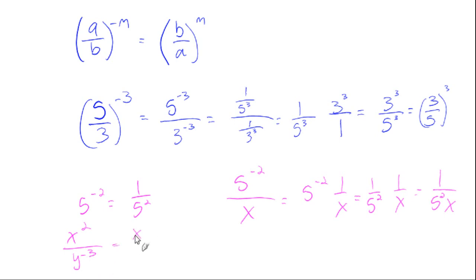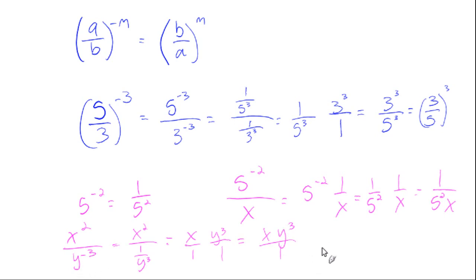Well, we know that y to the negative 3 is the same as 1 over y to the positive 3. We're dividing by a fraction, so let's multiply by the reciprocal. We get x over 1 times y to the third over 1. That's the reciprocal of 1 over y to the third. And now we have x, y to the third over 1. So all that really happened was the thing that was in the denominator that had a negative exponent came up to the top.